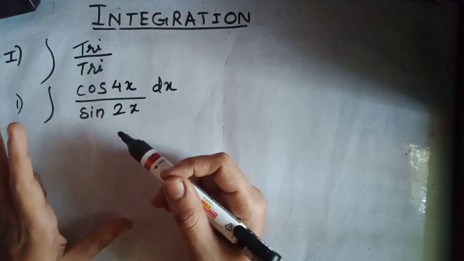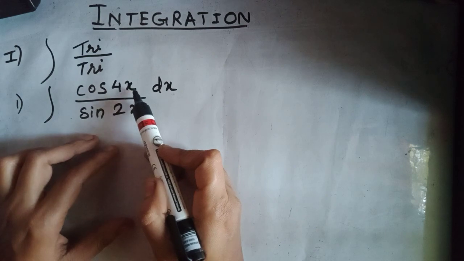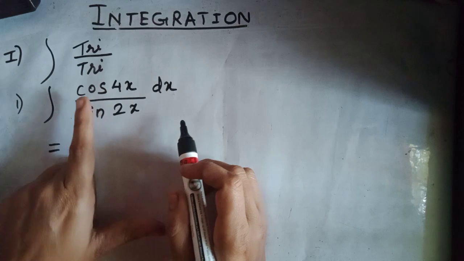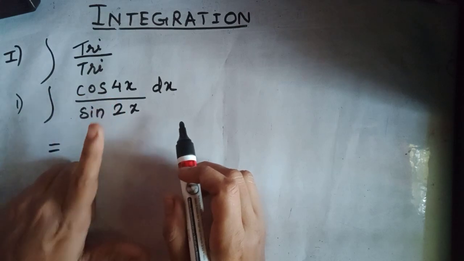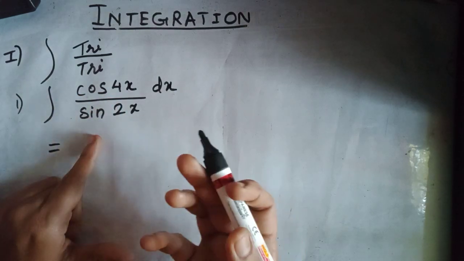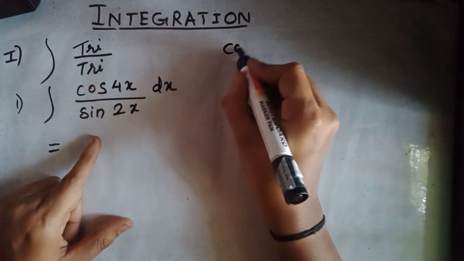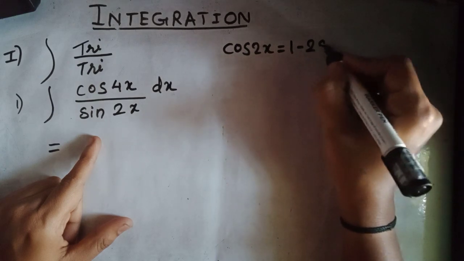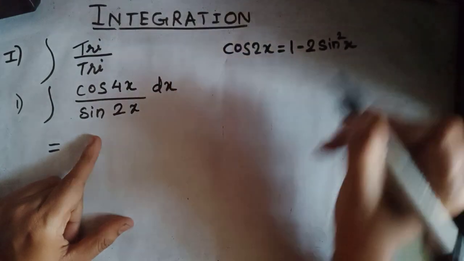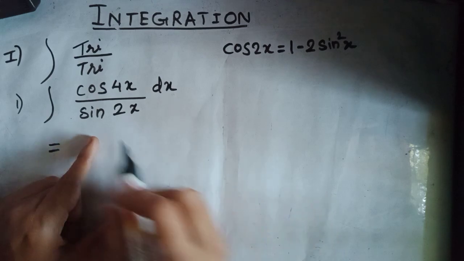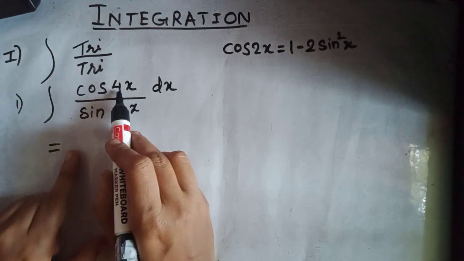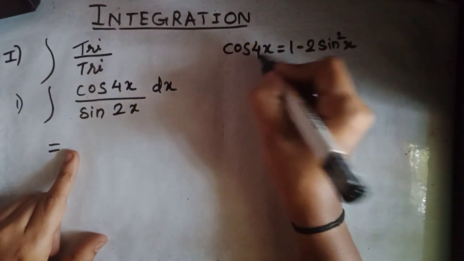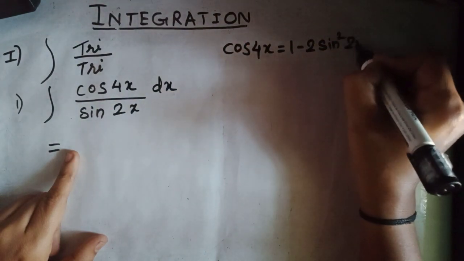You can make use of the trigonometric identities which you have learned in your 11th standard. cos 4x you can write as 1 minus 2 sin square 2x, because cos 2x is 1 minus 2 sin square x. So the angle is doubled: if here it is 4, then this will be 2.